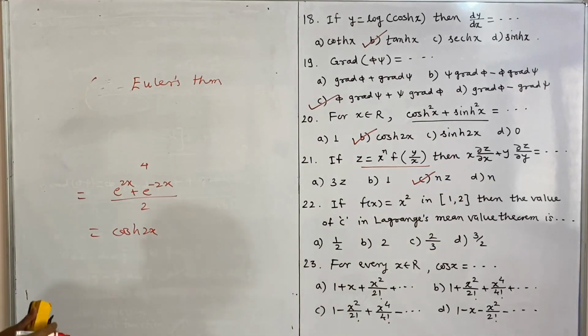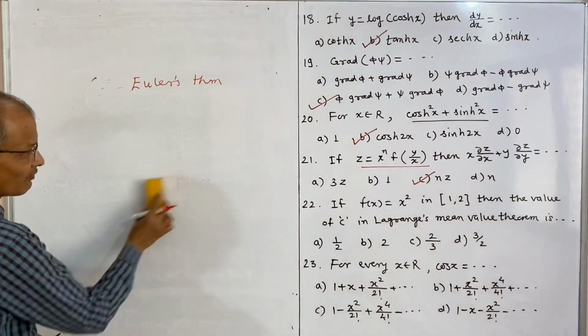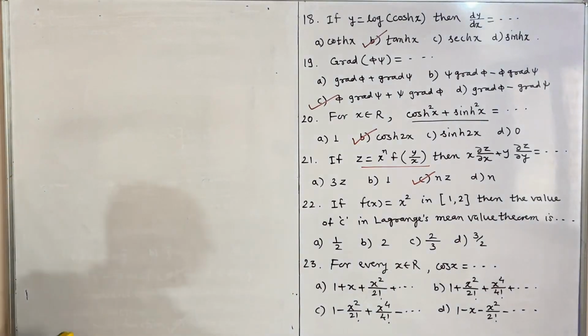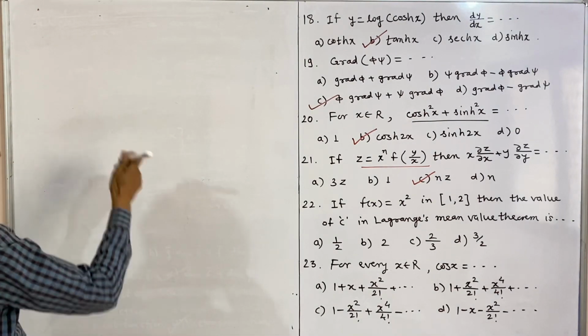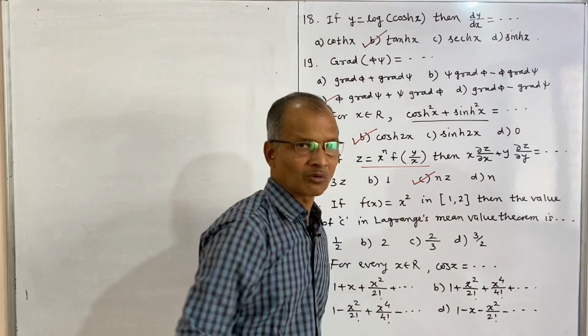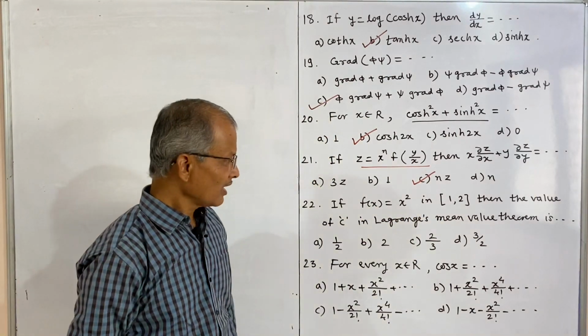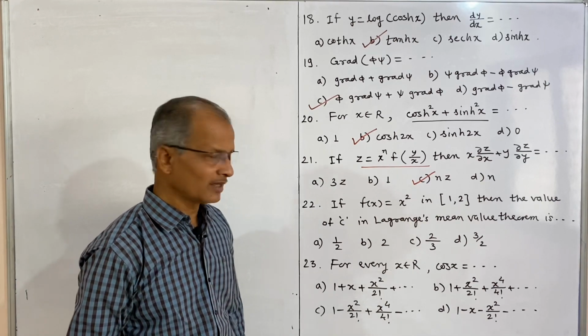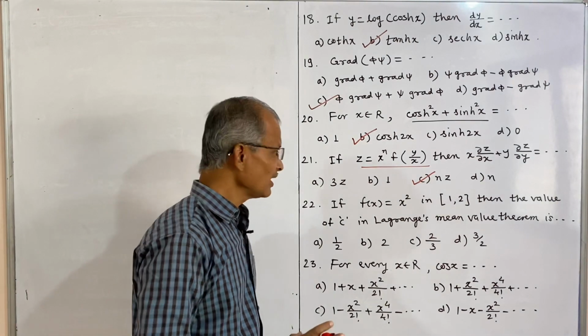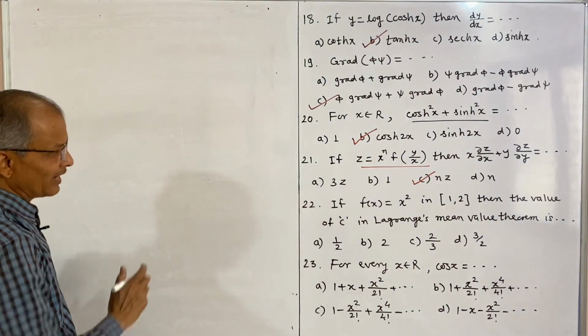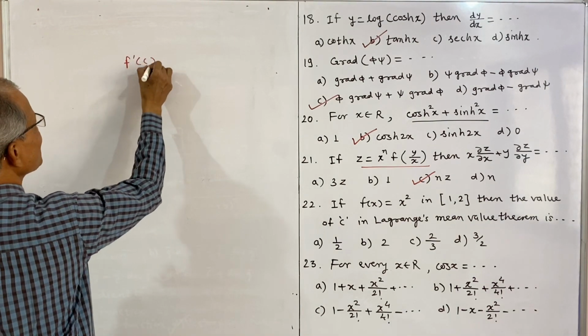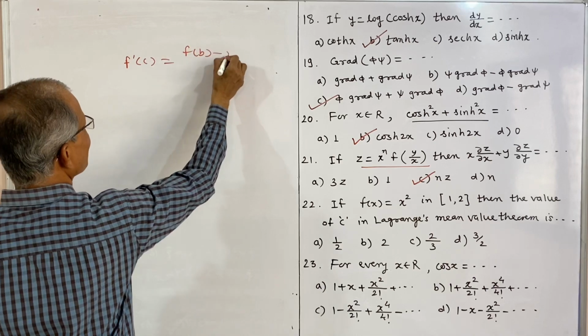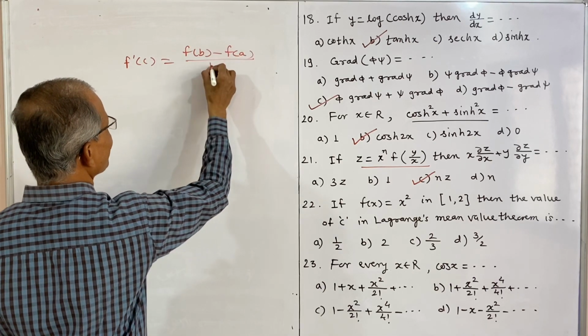And if f of x is equal to x square in the interval 1 to 2, then the value of c in Lagrange mean value theorem. If the function is continuous in the closed interval 1 comma 2 and differentiable in the open interval 1 comma 2, then there exists at least one value c such that f dash of c is equal to f of b minus f of a divided by b minus a.